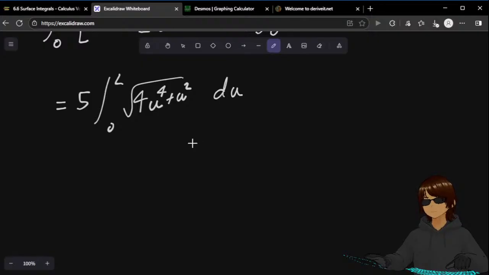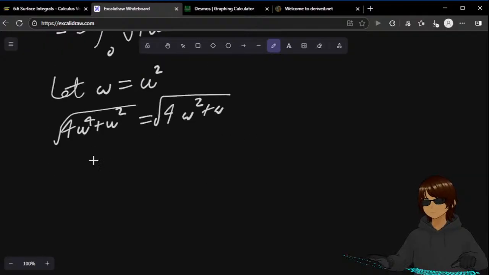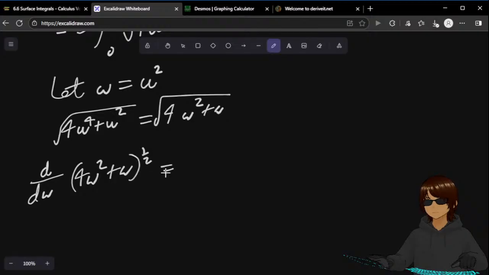Let me think. If I have, let's say, w equal to u squared, then I have the derivative of this is like half.